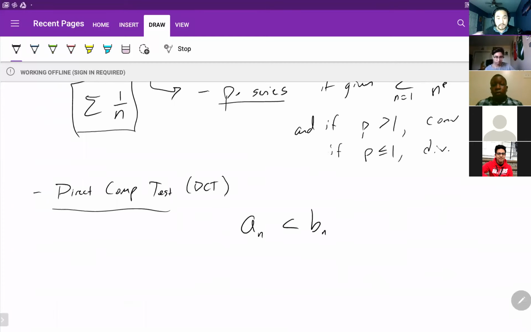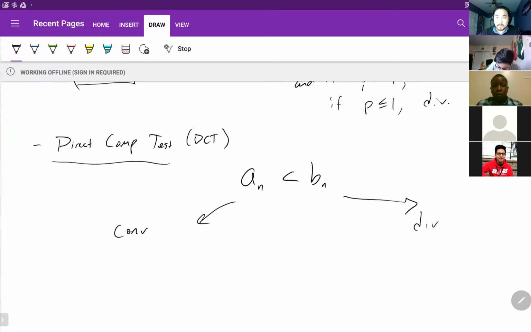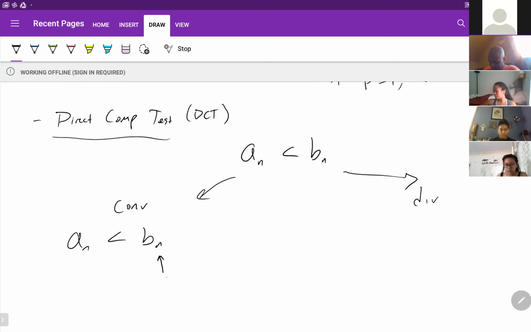And this breaks down into two scenarios: a convergent case and a divergent case. I drew the pictures and graphs last class, and hopefully there's a better understanding of this. If you have a sub n less than b sub n, and it's the convergent case, you want b sub n to be the one that you know, and you want it to converge. Because if the one that's above converges, anything below will converge also.